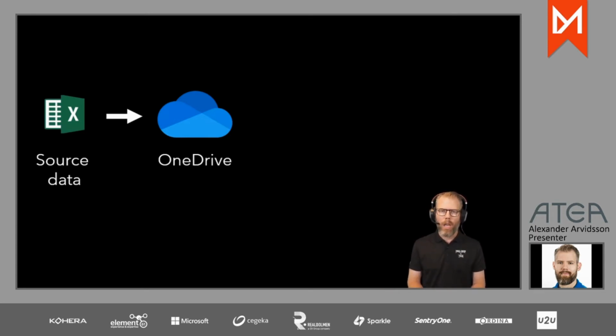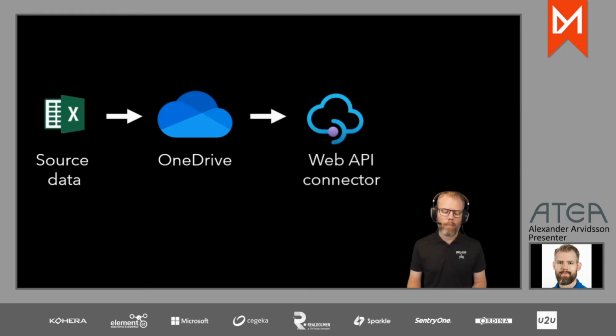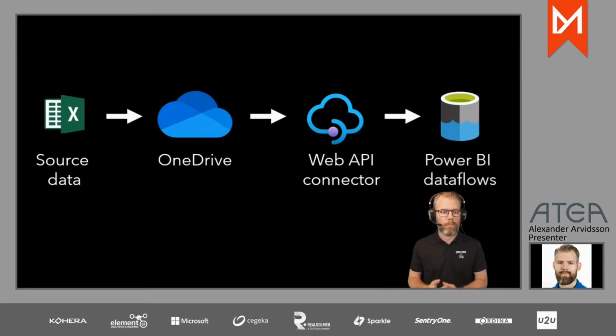And suddenly that takes care of the transfer of the data to the cloud. I don't need a gateway on my machine. And I can use the web API connector in Power BI to go grab the data from the cloud because it's already in the cloud. And then, of course, we'll have Power BI data flows or the Power BI service.